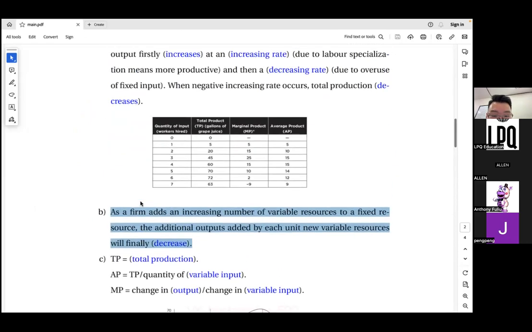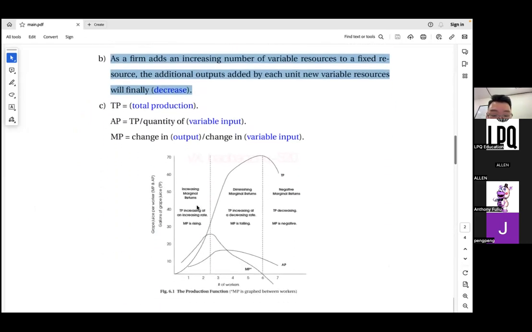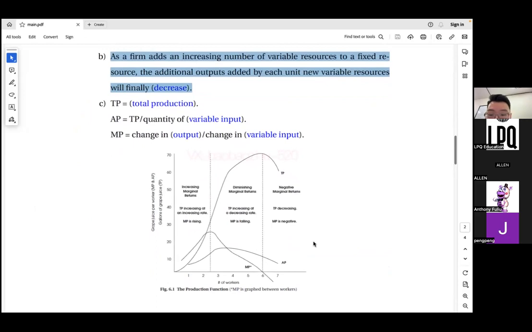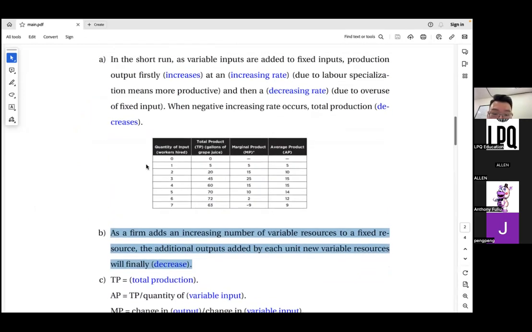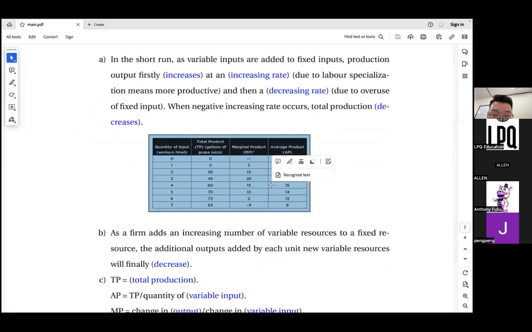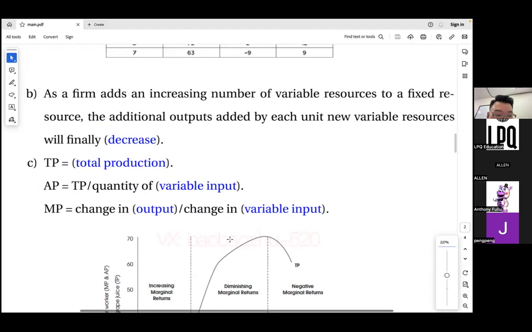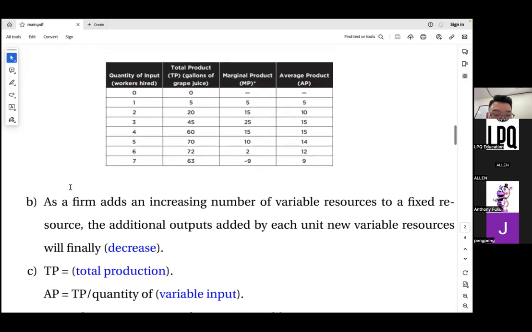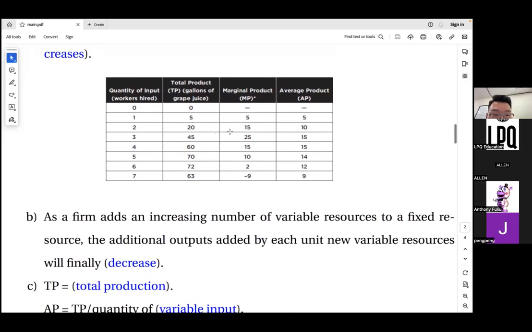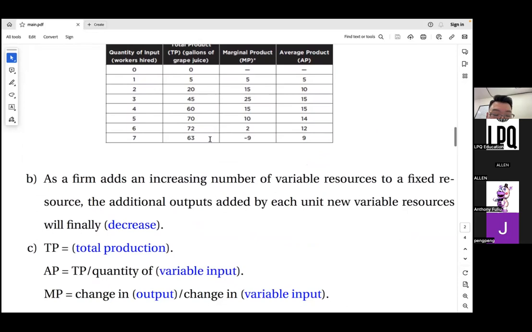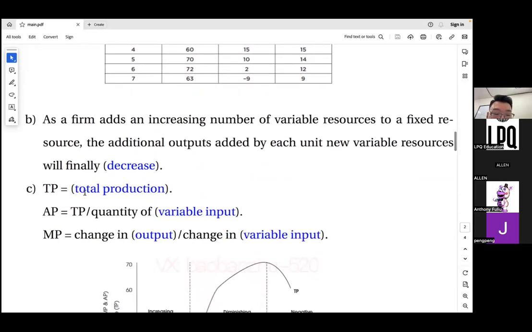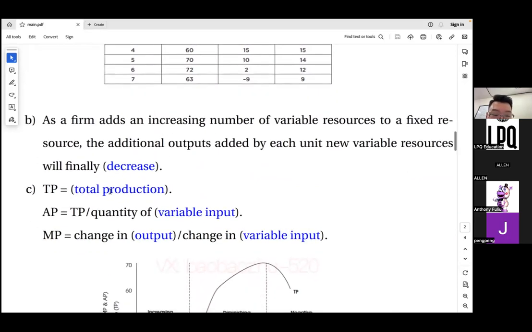We can actually present this in another way: we can use a graph. We can use line graphs to represent the law of diminishing marginal return once again. But before we move on to the line graph, we just learn 3 terms we need to use. In later chapters, when you do the real examination, to save your time, every time you don't need to write down total production in full.